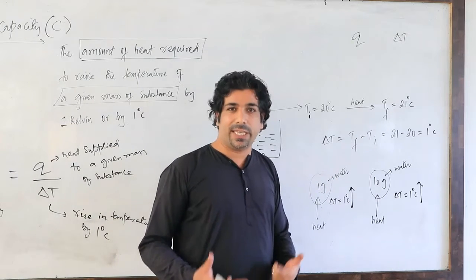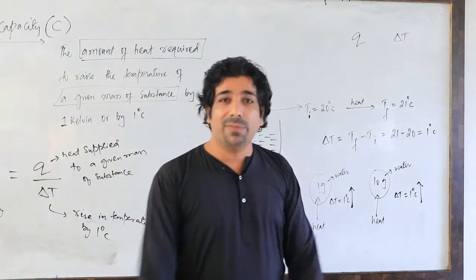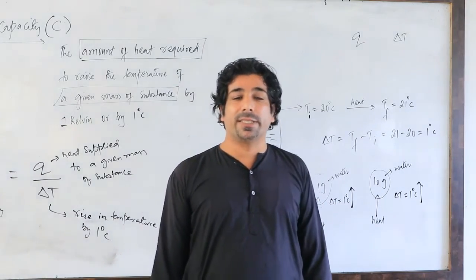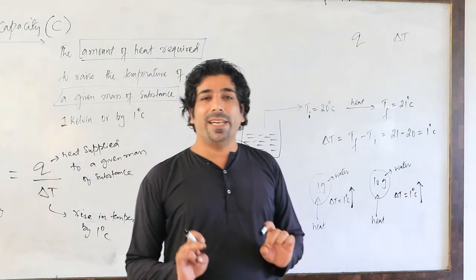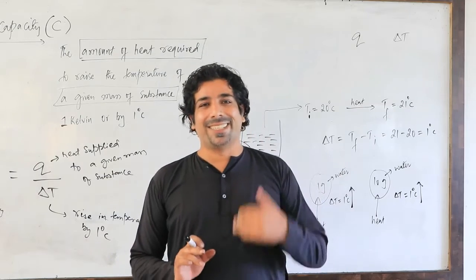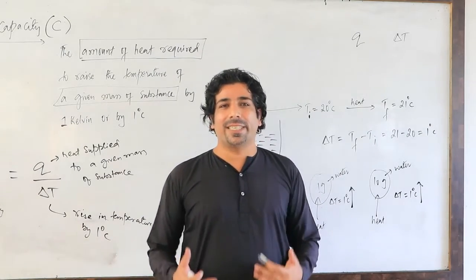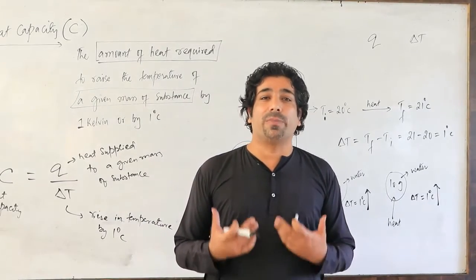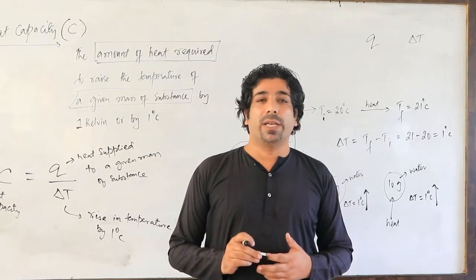If the mass of substance, given mass is more, then more heat is required to raise the temperature by 1 degree Celsius. So it means that the heat capacity depends upon the mass of substance. Yes, greater the mass of substance, greater is the amount of heat required to increase the temperature of that particular substance by 1 degree Celsius.